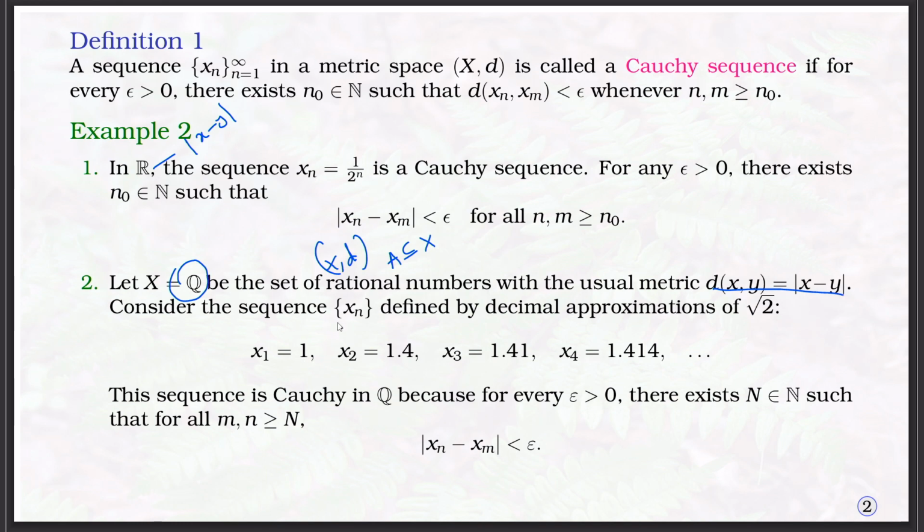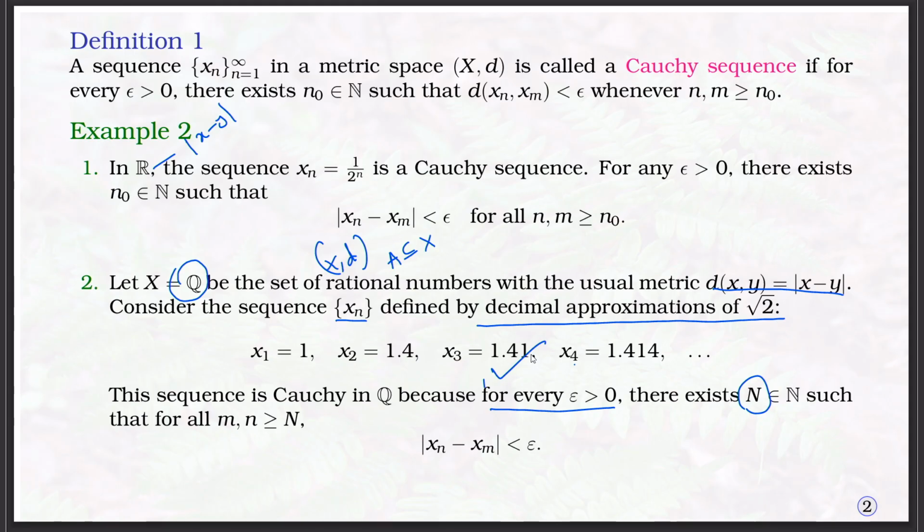Consider the sequence xn defined by the decimal approximation of square root of 2. That means x1 equal to 1, x2 equal to 1.4, x3 equal to 1.41, x4 equal to 1.414 and so on. This sequence is a Cauchy sequence in Q because for every epsilon greater than 0, there exists a stage n such that after a certain stage the distance between xn and xm is less than epsilon.